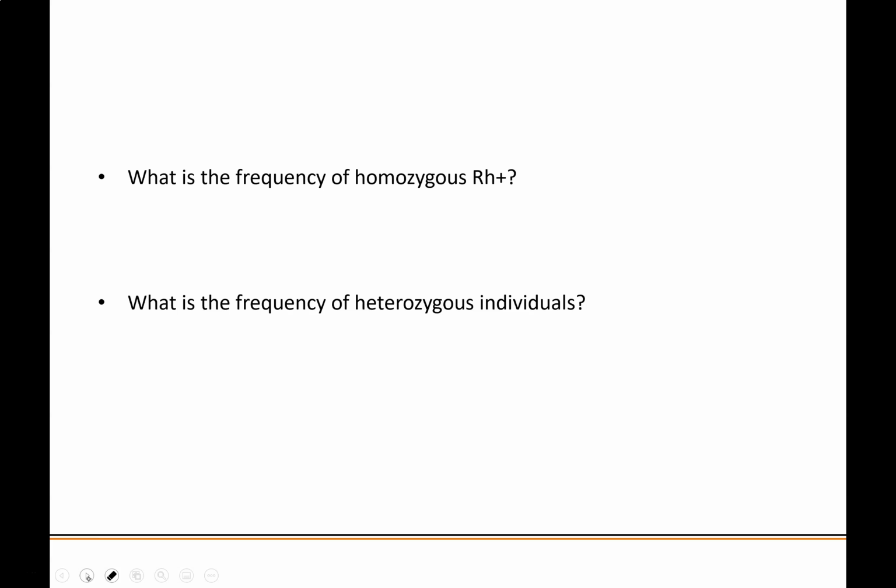All right, so let's figure out the frequency of homozygous Rh positive. We know from our calculations that q is 0.4 and p is 0.6. Individuals who are homozygous for Rh positive, we'll call them big R, that's just the frequency of the big R allele times the frequency of the big R allele.